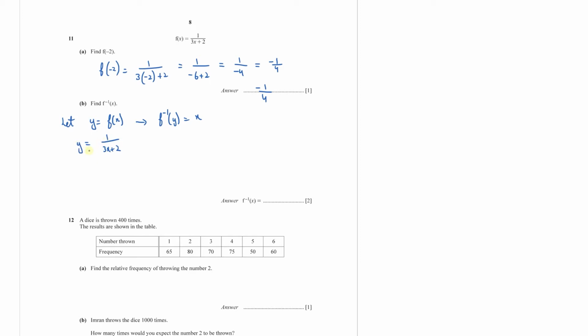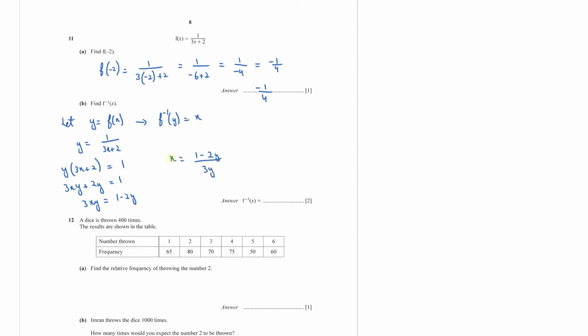So if I cross multiply here, I get y into 3x plus 2 equals 1. If I open this bracket, I get 3xy plus 2y equals 1, and then 3xy equals 1 minus 2y. And then if I want to make x the subject, I will take this 3y to the other side. So this gives me x equals 1 minus 2y over 3y.